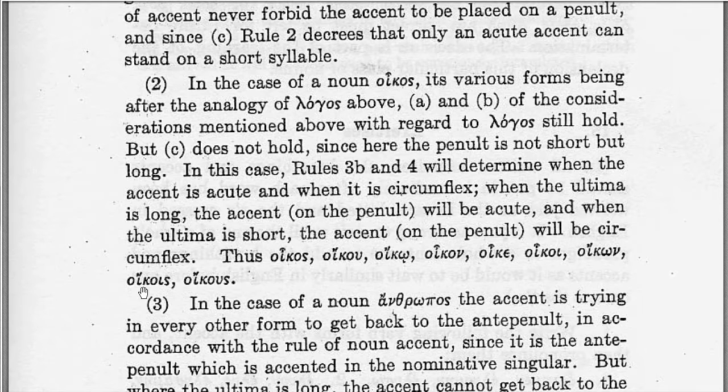Shifting down here for another example. Oikois. That's a long omicron iota. Why? Because the sigma is following it. That's long. That means there's an acute above the penult. And, of course, finally, oikous. Long ultima, accent above the penult is the acute. Okay?